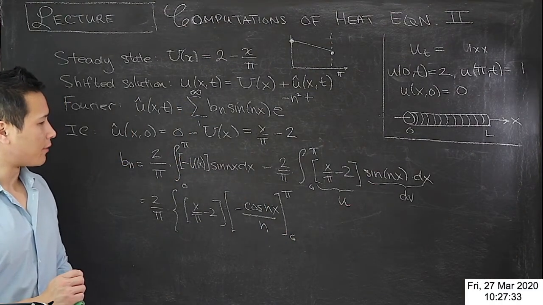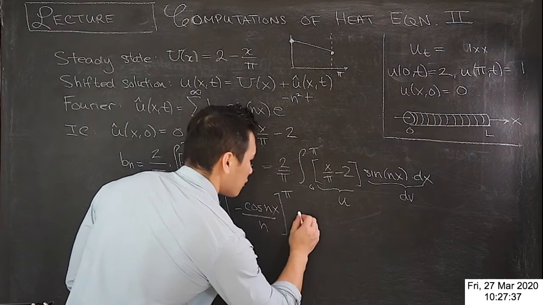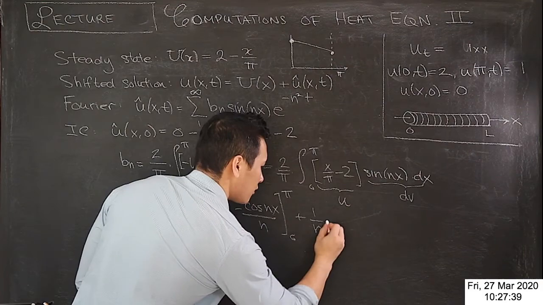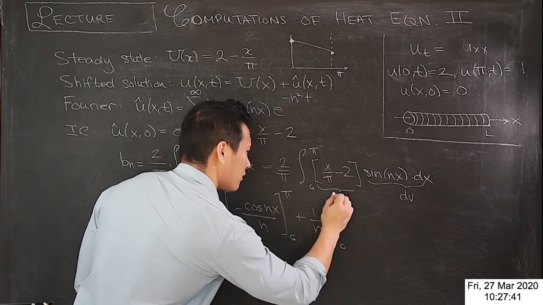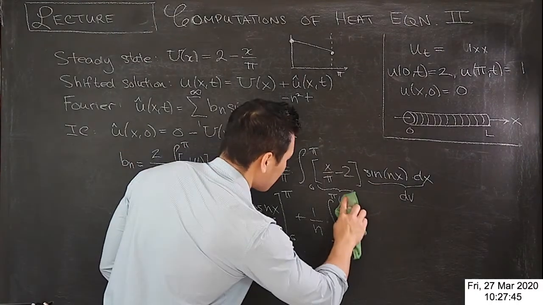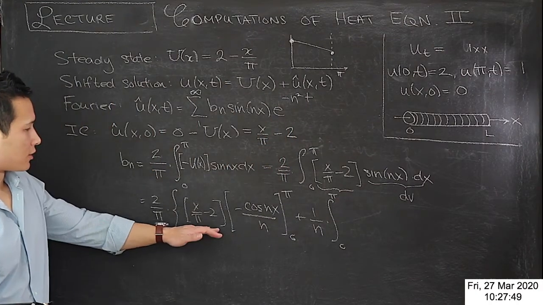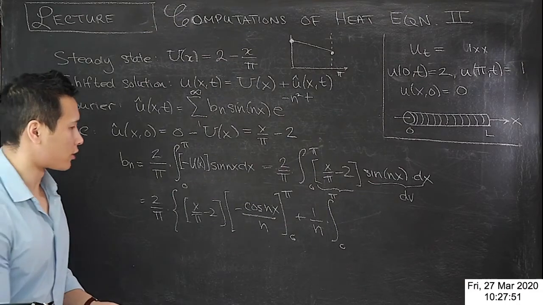And then you're going to add 1 over n, the integral from 0 to pi. I'm going to erase this u here, getting in the way. And then I have to differentiate the u function here, so I have a 1 over pi.